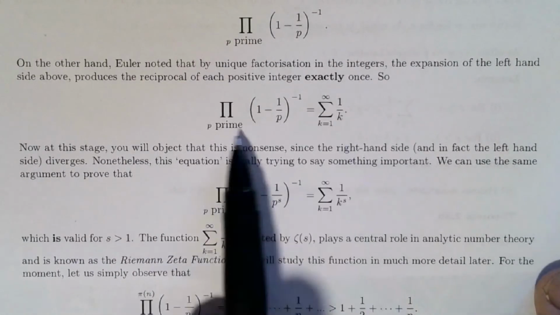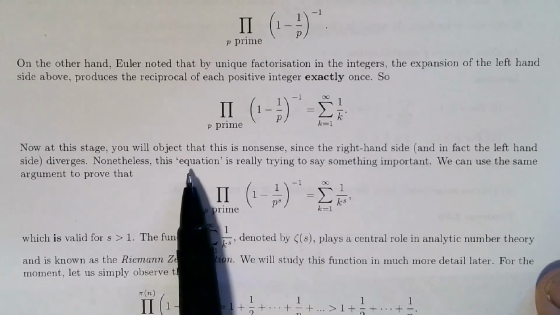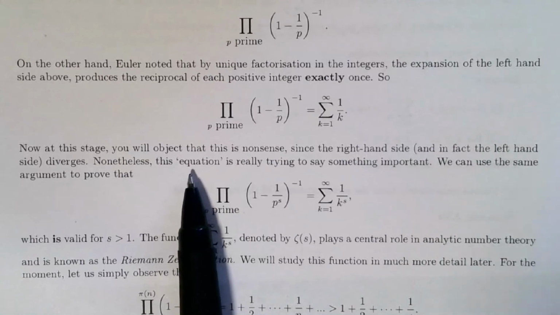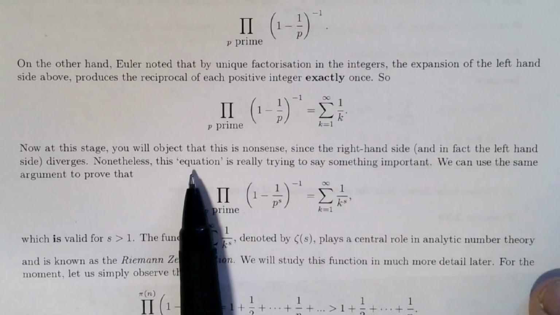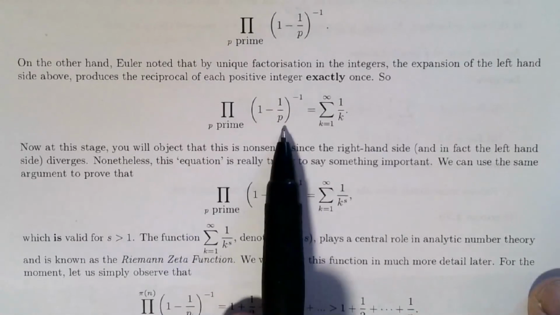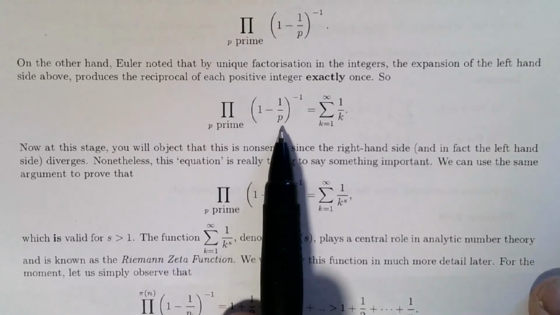However, this equation, which I put in inverted commas, is really trying to say something very important, because what I can do now is replace the p with p to the s, where s is bigger than 1.